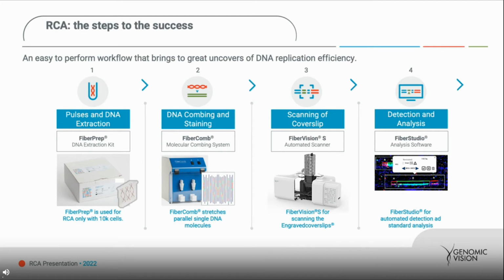Then the DNA combing is done on the FiberComb molecular combing system to stretch the DNA fibers. Then the staining is done and the cover slips are scanned on the Fiber Vision scanner for the detection of the signals, and data analysis is done on the Fiber Studio software, resulting in a report for each cover slip and each sample.